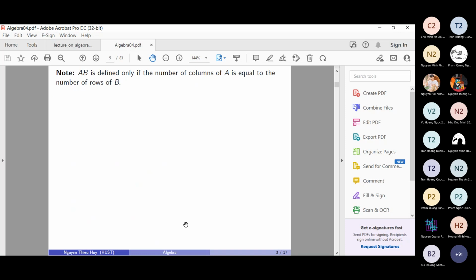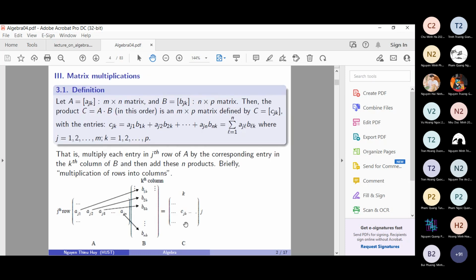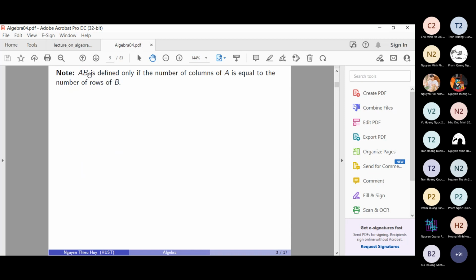Before I give you an example, I should emphasize again that A multiply B is defined only if the number of columns of A, n, is equal to the number of rows of B, n. So m by n, and then n by p, and then the product is m by p, right?